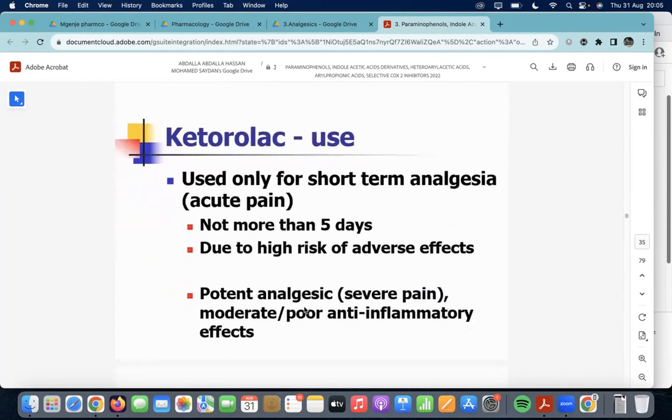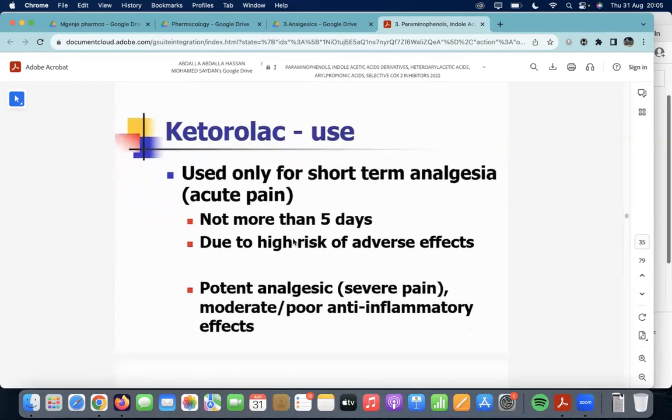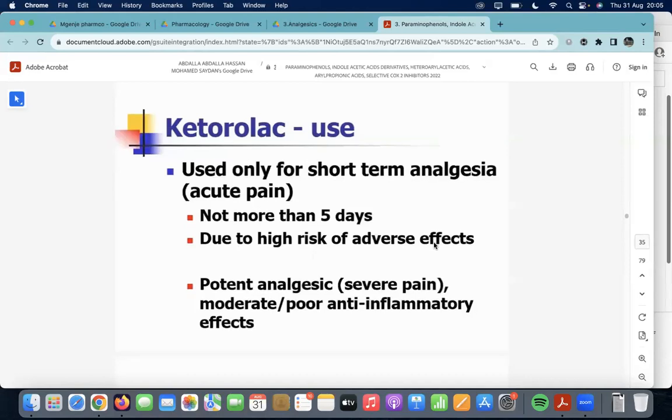Because it's a really potent analgesic with a high risk of adverse effects, it's used only for short term, not more than 5 days. That's something we need to note about ketorolac.